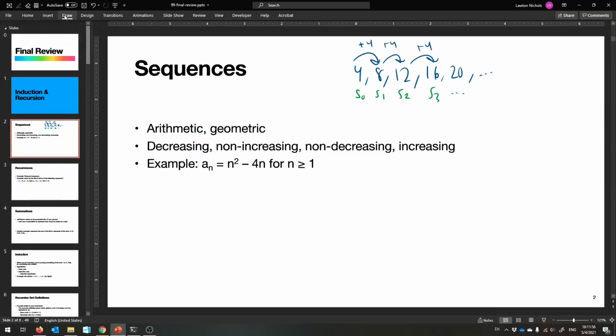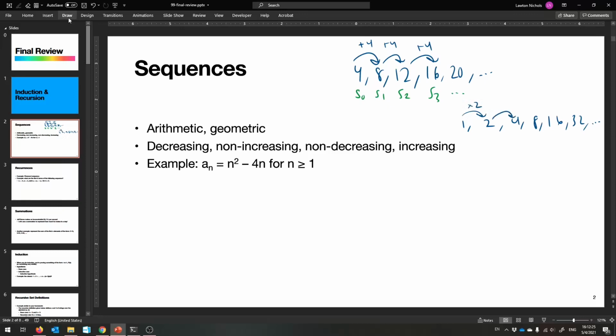Let's now talk about geometric sequences. Those are almost exactly the same, but instead of a common difference, it's a common factor. So I can have 1, 2, 4, 8, 16, 32, dot, dot, dot. This is a geometric sequence because each time I go to the right, I am using my previous value and multiplying it by 2.